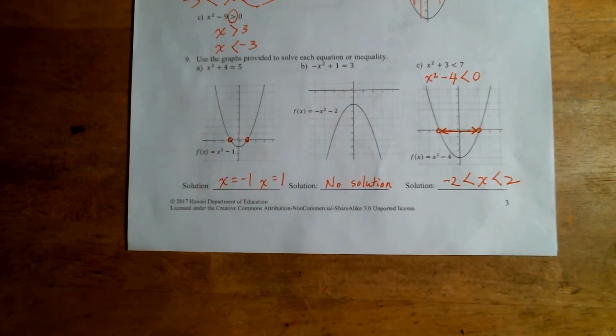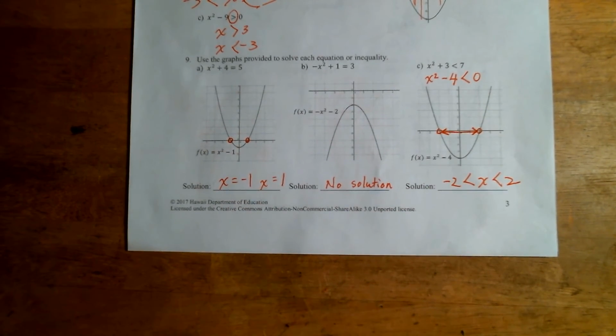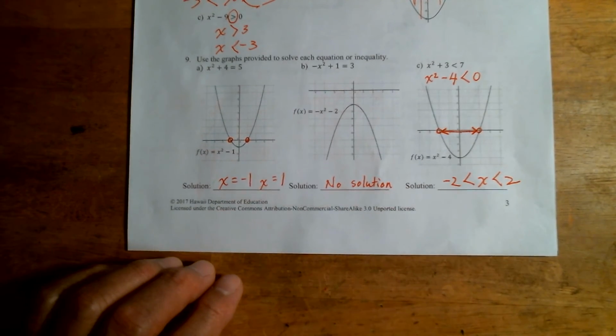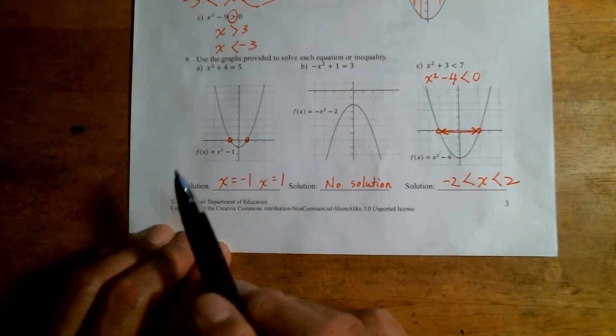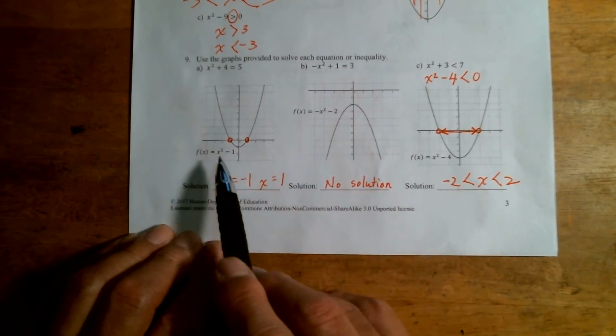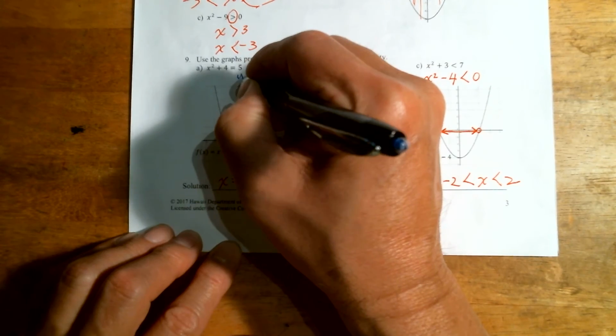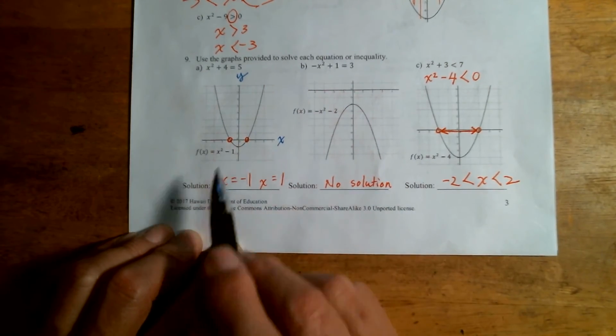Okay, number 9. Use the graphs provided to solve each equation or inequality. The first one, A, x squared plus 4 equals 5. This is an equality. So where does it cross the x-axis? Right there.